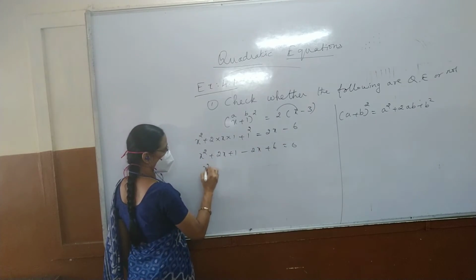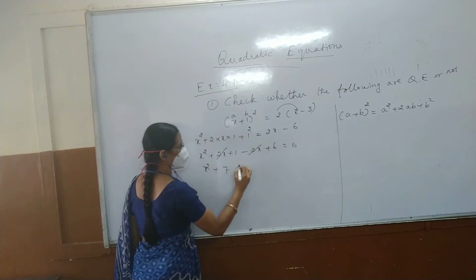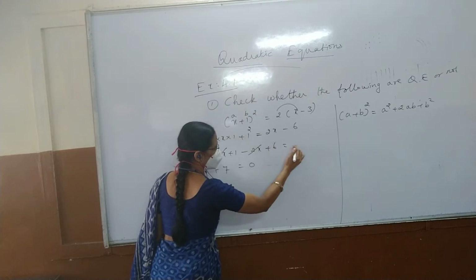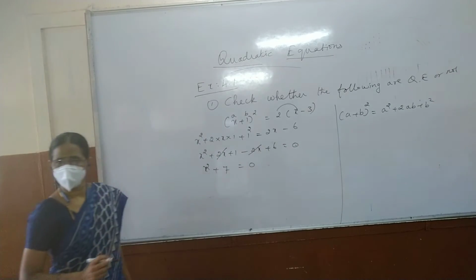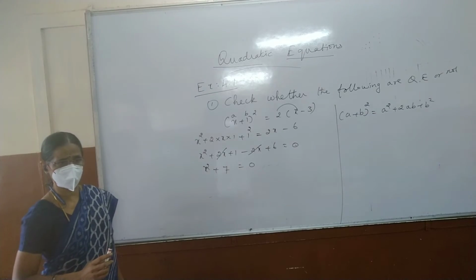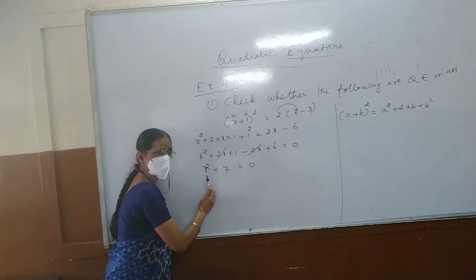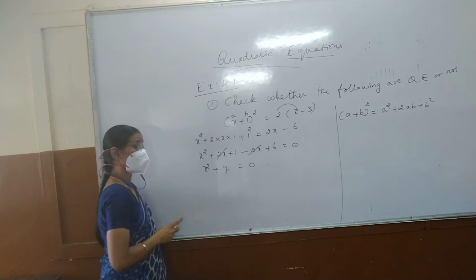So this is x squared. You can see this gets cancelled. Plus 1 plus 6 gives 7, equal to 0. Now check whether it is a quadratic equation or not. The x squared term is present. What is the degree of the equation? 2. What is the value of a here?